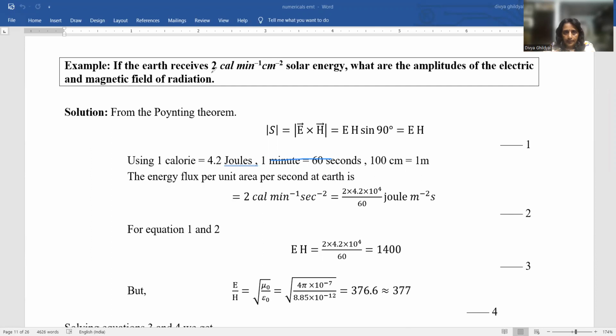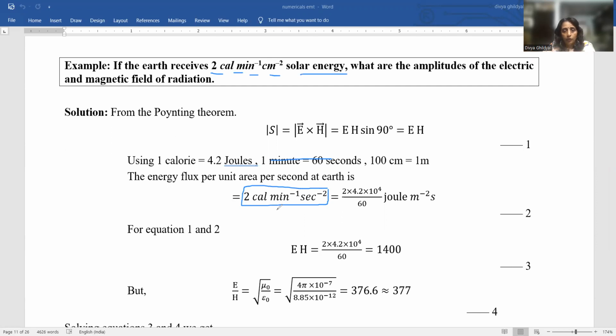The Earth receives 2 calories per minute per centimeter square of solar energy. So first we have to convert this into a uniform unit. Either we pick up the CGS system or we pick up the MKS system for solving a numerical.